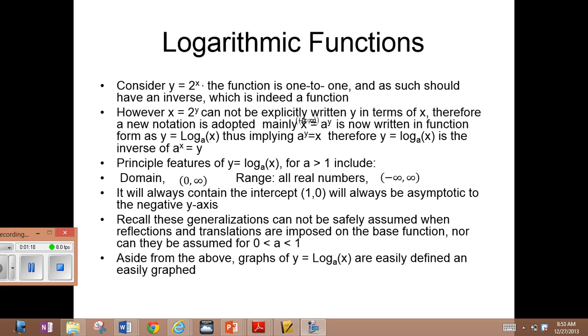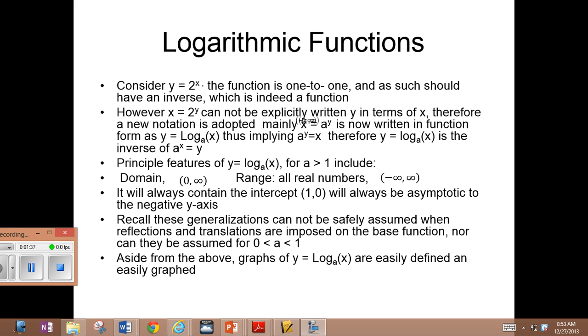The expression x equals 2 to the y can be written as a function by rewriting it as y equals log base 2 of x.